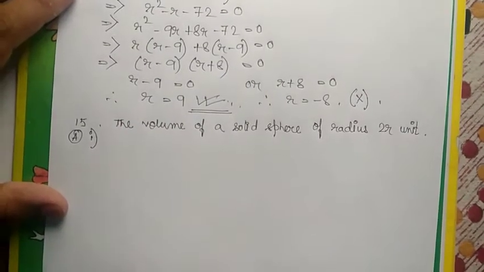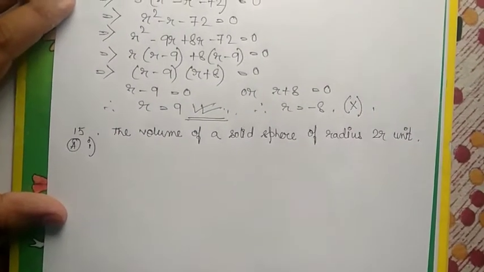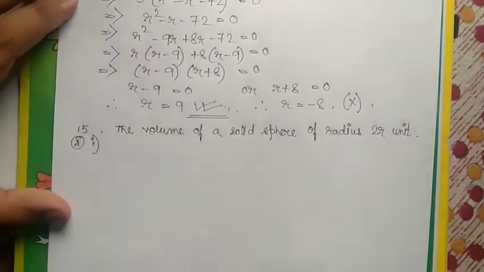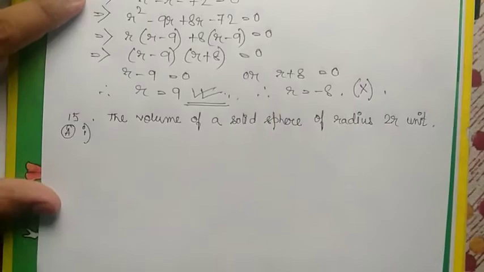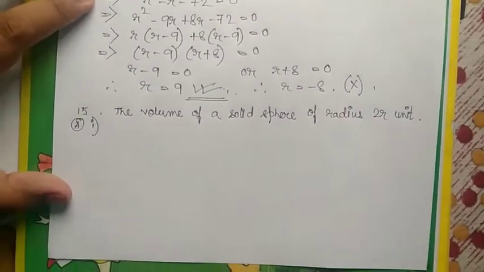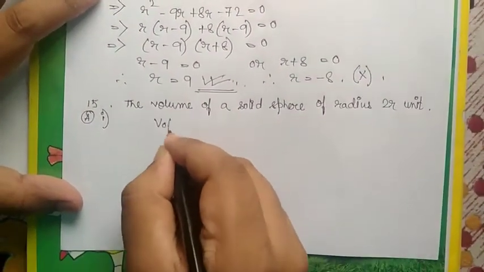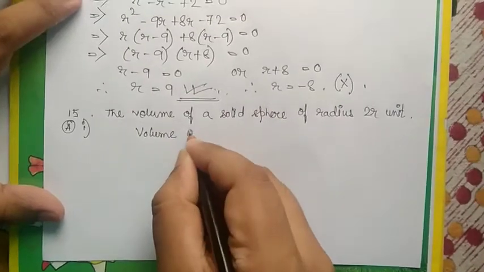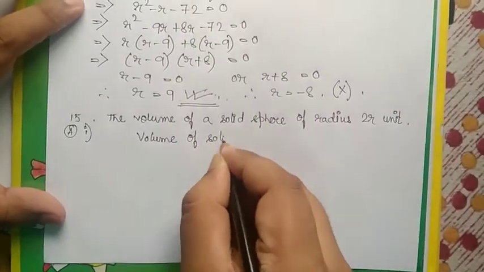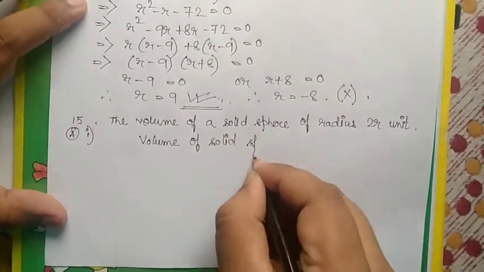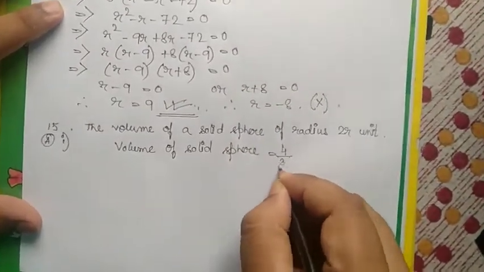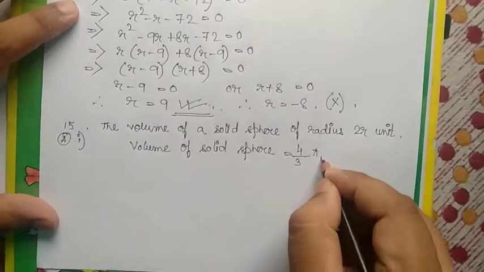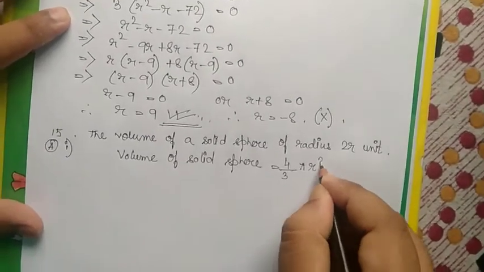This is an MCQ, very short answer type question. Sum number 15, part 1. The volume of a solid sphere of radius 2r unit. So the volume of a solid sphere equals 4 by 3 pi r cube.